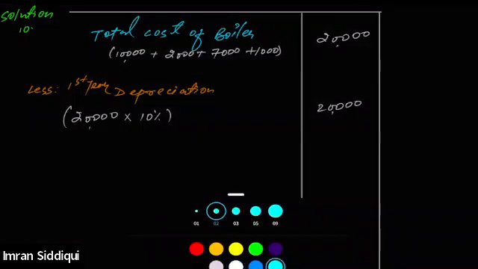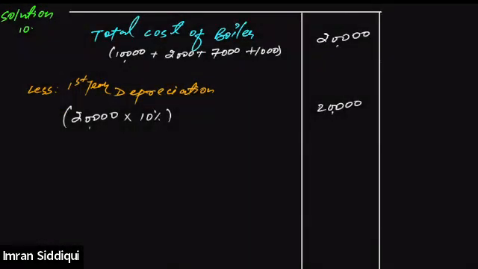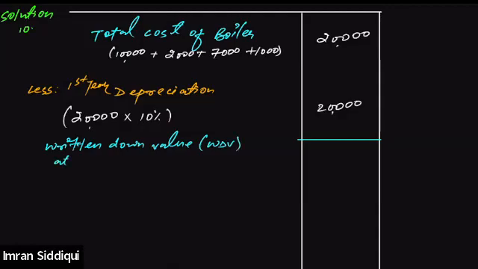All right, and at the end of the first year, the balancing value, which is also called written down value, or also called WDV at the end of first year.